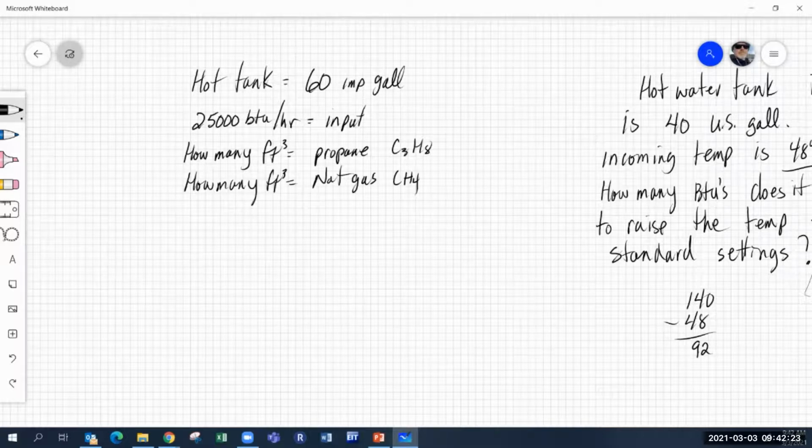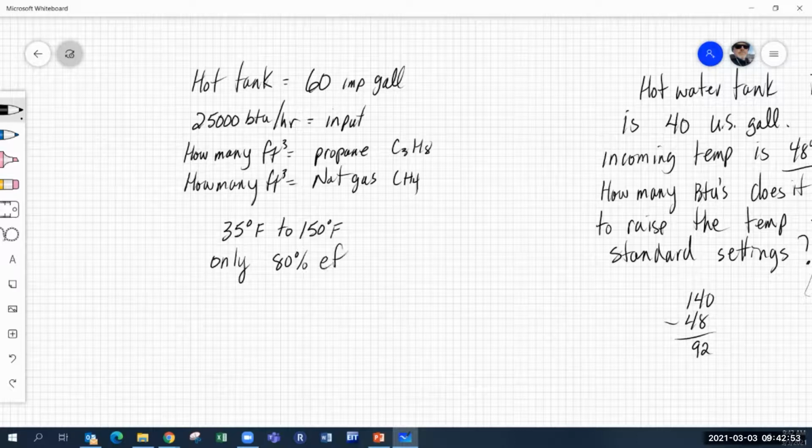to raise the water. Okay, hang on a second. I want to raise the temperature of the water from 35 degrees Fahrenheit, and I want to go to 150 degrees Fahrenheit. I'm just doing this for math, so nobody talk to me about over the limit here. But this appliance is also only 80% efficient.